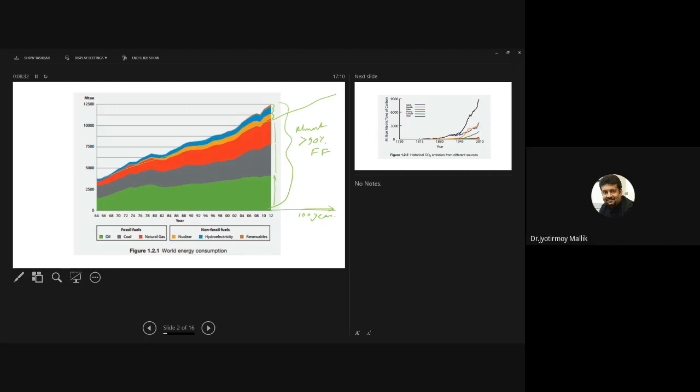But the moral of the story is, for the next 100 years, we are not going to get completely devoid of fossil fuel consumption. So if we keep on burning fossil fuel, of course, as a byproduct, we are going to emit carbon dioxide in the atmosphere, and that is not something we want, right? So we need to think seriously how to get rid of this carbon dioxide.